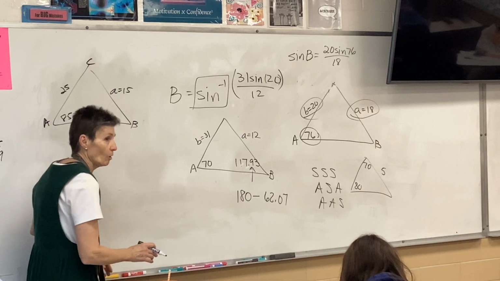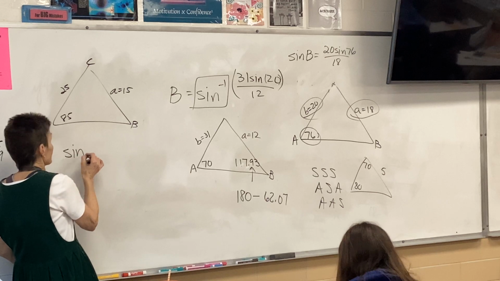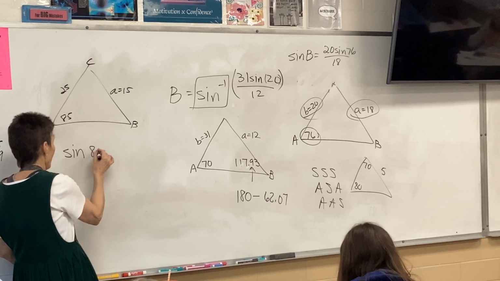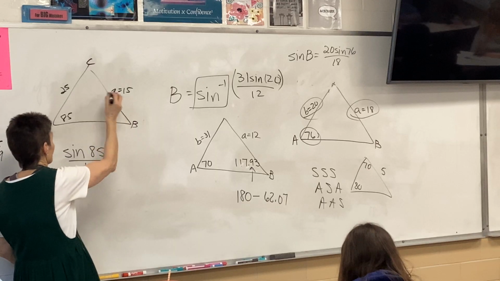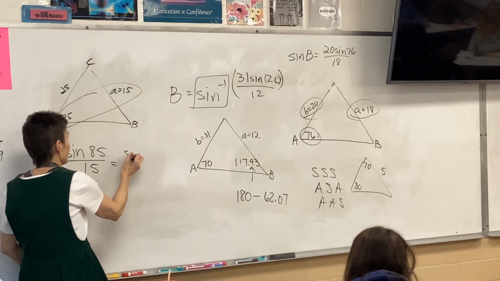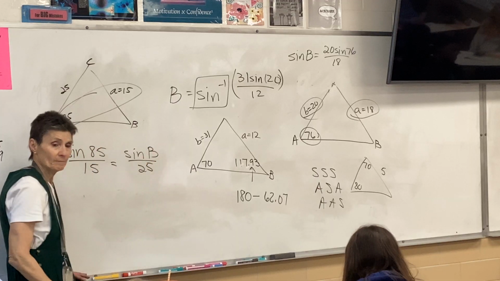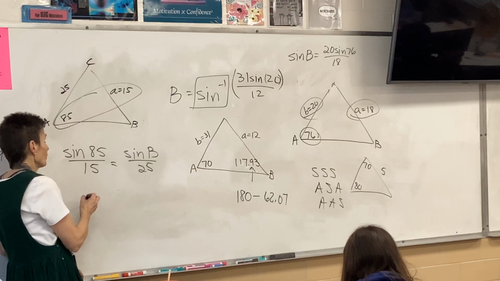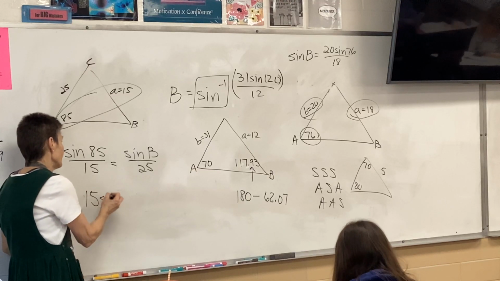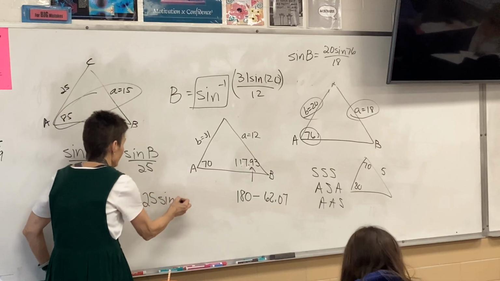So what is my law of sines going to say? Sine 85 over 15 equals sine B over 25. So I'll cross multiply. 15 sine B equals 25 sine 85.